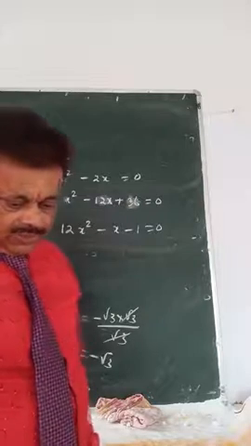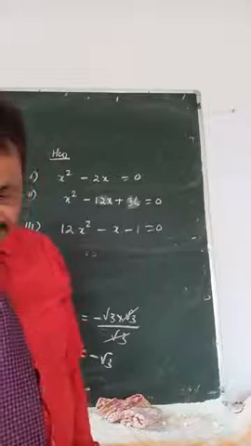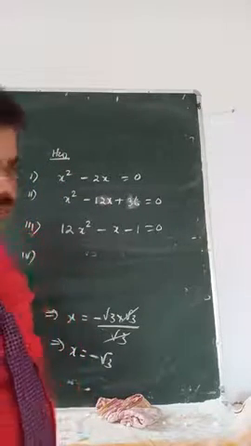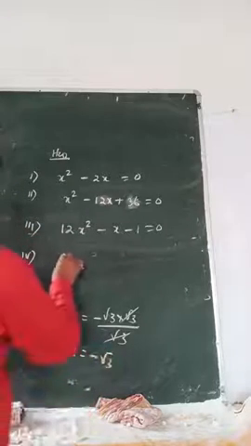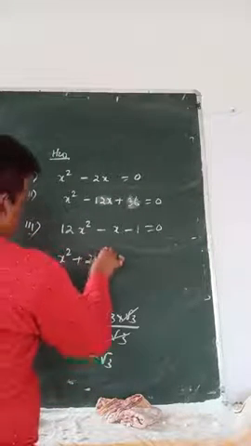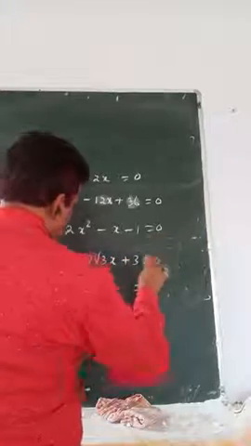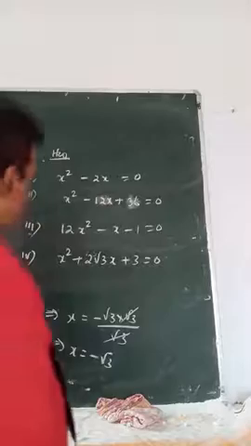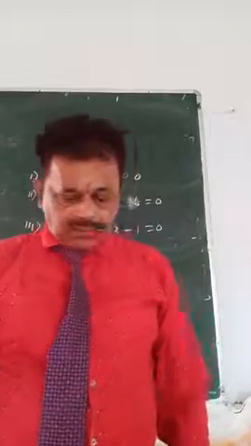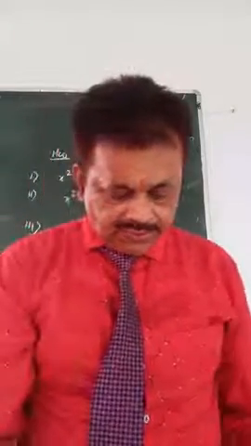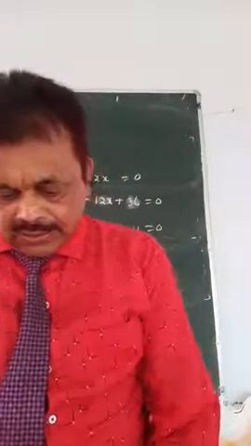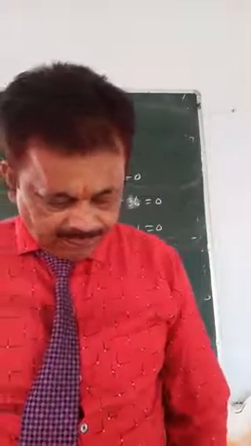Fourth suppose x square plus 2 root 3x plus 3 equals to 0. Try to solve this 4. Okay, now I'll take few questions. That is nature of the roots question.